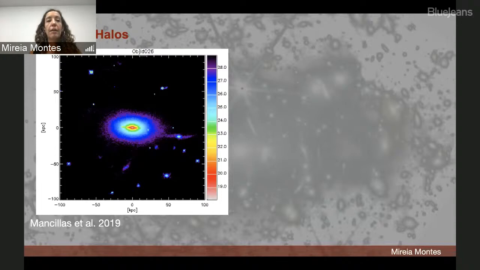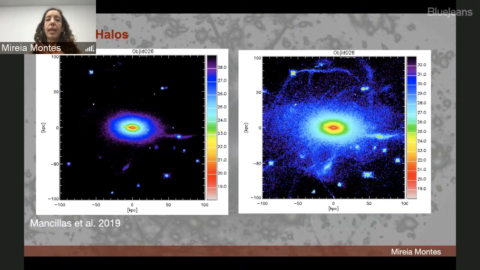We also have the fainter structures around not so faint galaxies, what we call the stellar halos. In simulations, we see that as we go fainter and fainter, we start seeing a plethora of structure that shows up around galaxies.